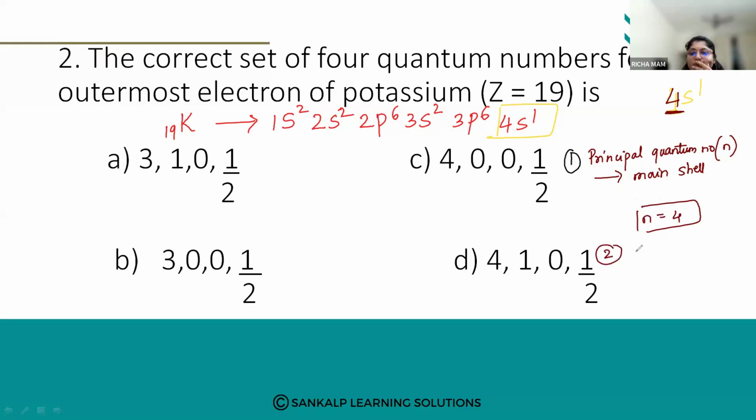The second one is the azimuthal quantum number, represented by l. It starts with l equal to 0, 1, 2, 3, etc. When it is 0, it is the s orbital.